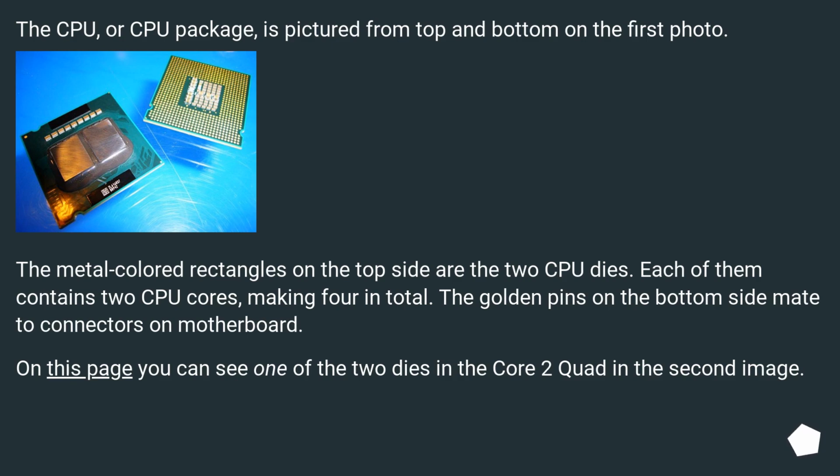The metal-colored rectangles on the top side are the 2 CPU dies. Each of them contains 2 CPU cores, making 4 in total. The golden pins on the bottom side mate to connectors on motherboard. On this page you can see one of the 2 dies in the Core 2 quad in the second image.